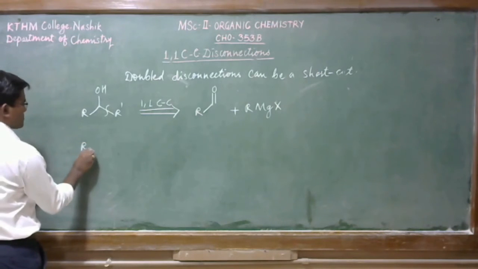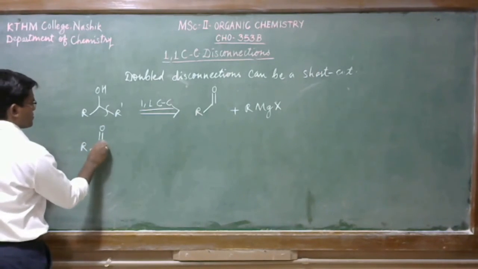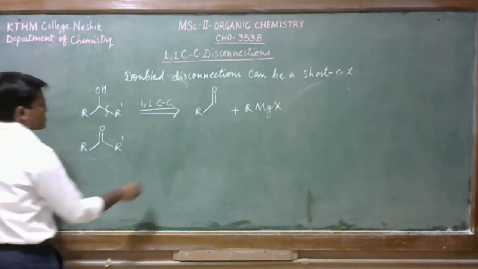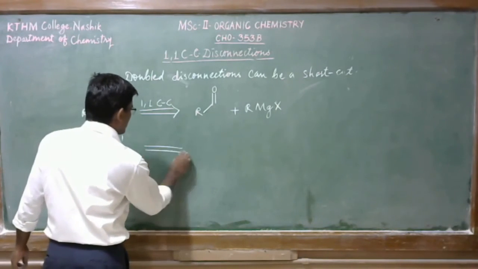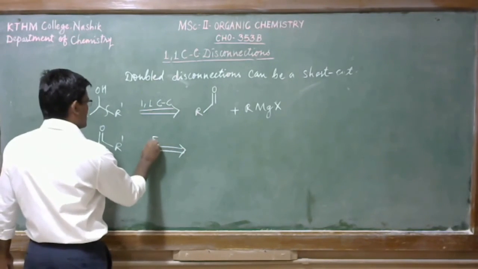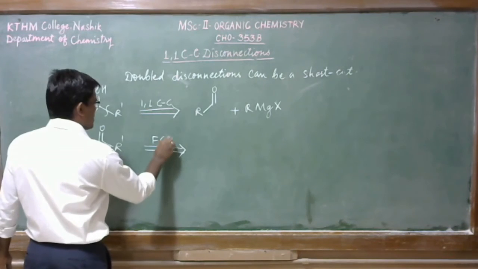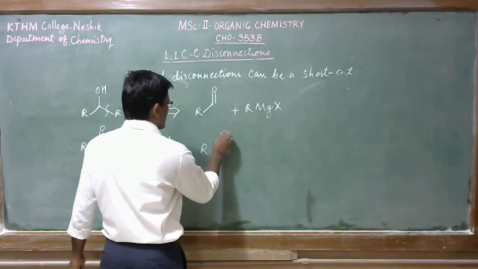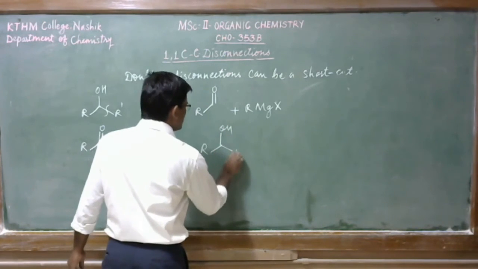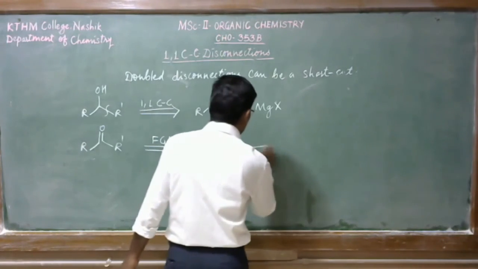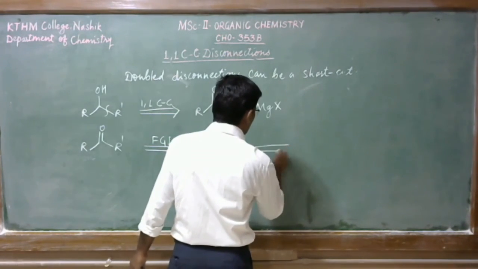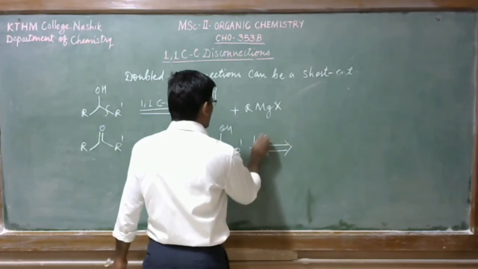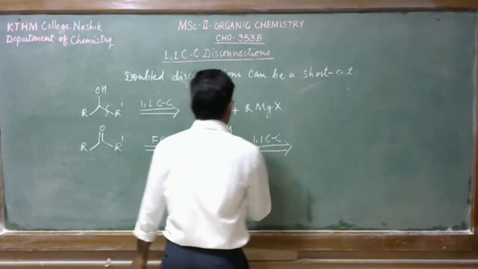If we have this ketone, in the first step we need to convert this ketone into alcohol, FGI. Then 1,1 carbon-carbon disconnection.